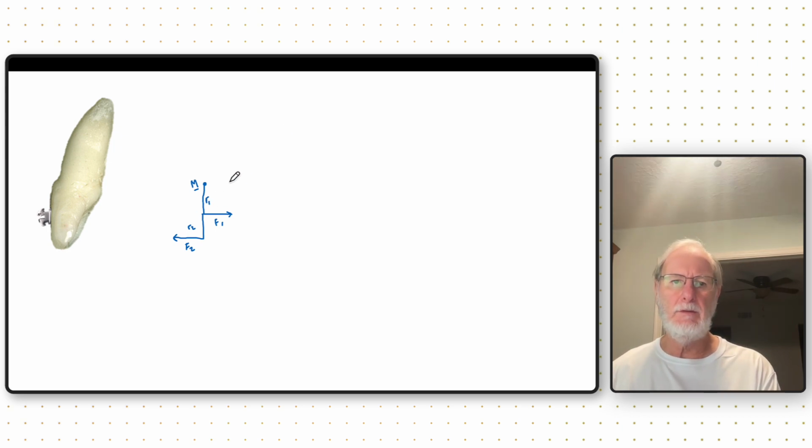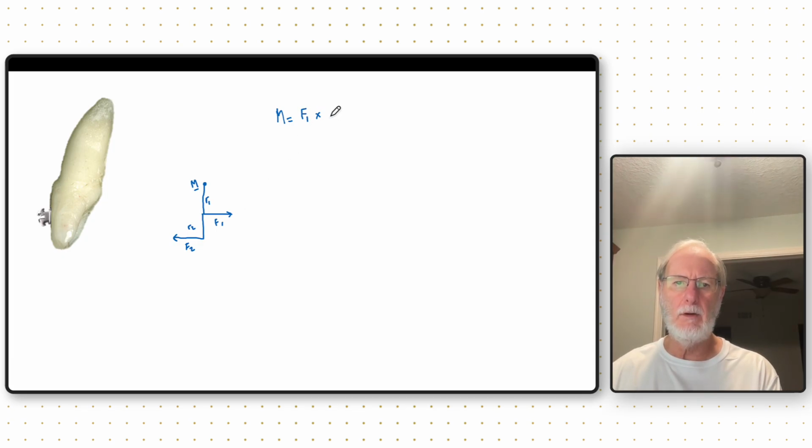So you can decompose this geometric figure into M equals, first moment is here, F1 times R1, but then there is a second moment on the other side, plus F2 times R2 plus R1.